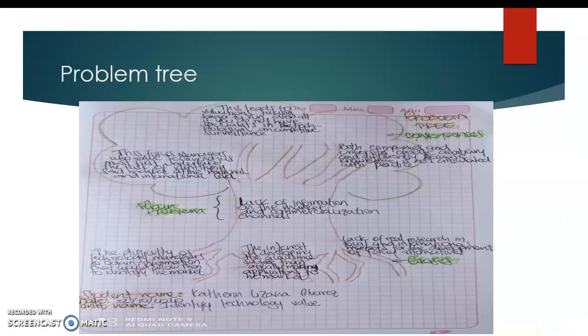Well, we have the problem 3. The main problem that we choose was lack of information on the market and commercialization channels. The causes are in the roots.